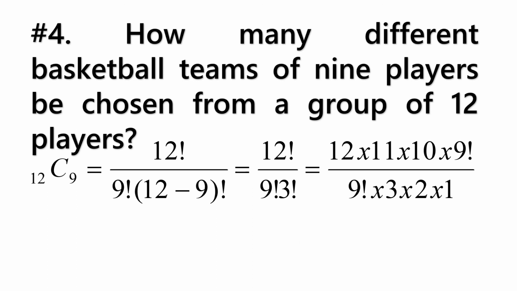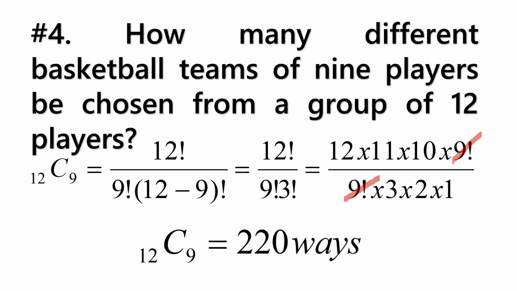So, 12 factorial divided by 9 factorial times the difference of 12 minus 9 factorial. So, 12 factorial divided by 9 factorial times 3 factorial. So, dito, para mas madali na yung pag-solve, cross out itong 9 factorial at saka yung 9 factorial sa baba. Tapos, multiply na lang 12 times 11 times 10. Tapos, i-divide nyo yan by 6. So, from here, you'll find out that there are 220 ways to select 9 players from 12 players.